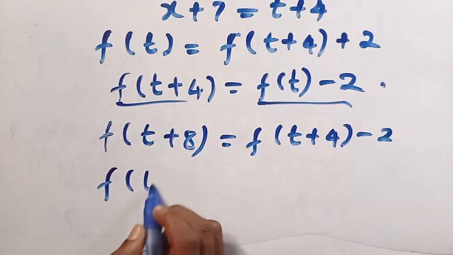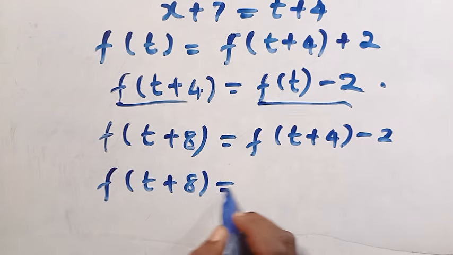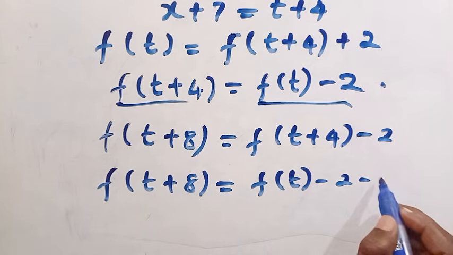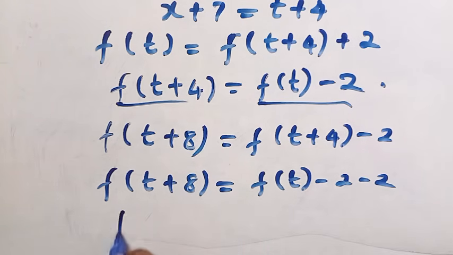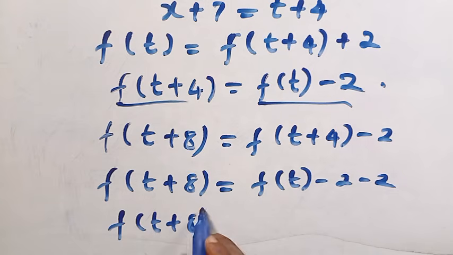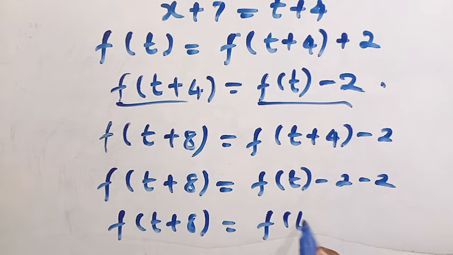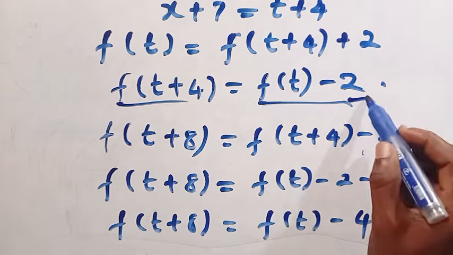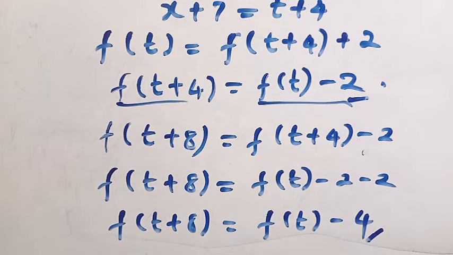Let's change it: we have f of t plus 8 equals, instead of f of t plus 4, we change it to f of t minus 2 minus 2. And this gives us f of t plus 8 equals f of t then minus 4. This is 2, this is 2, and this is 4.